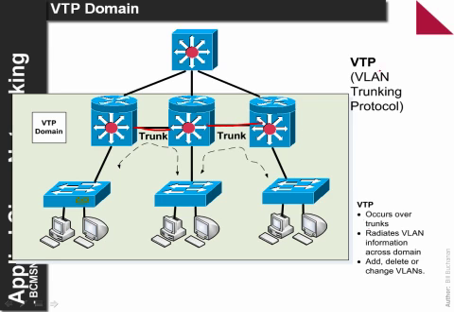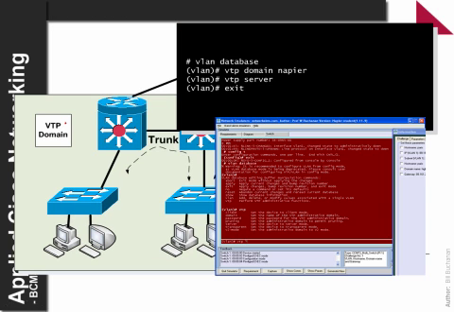So VTP also allows us to add, delete and change VLANs inside a domain. To create this, we create our VLAN database, define the name of the domain, and whether our device is a server or not.